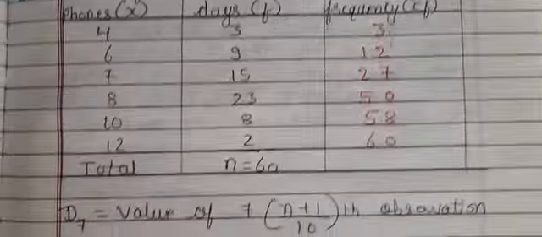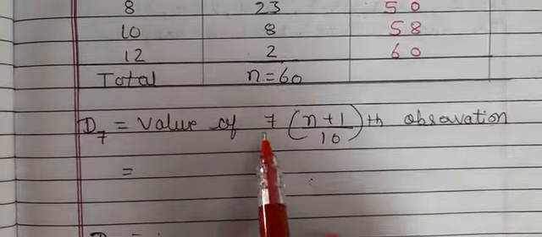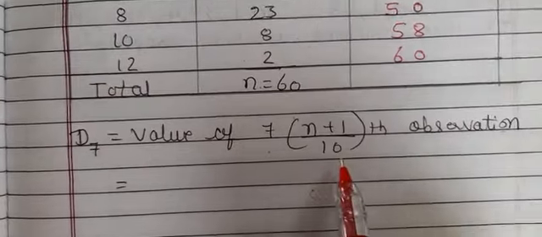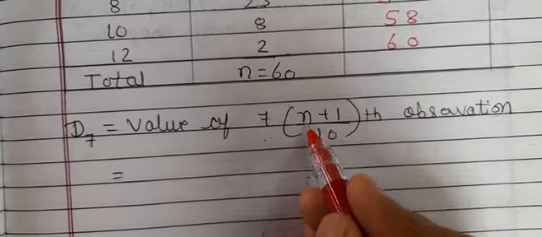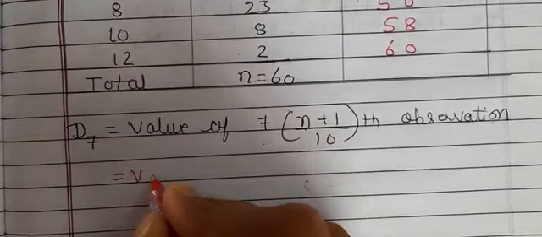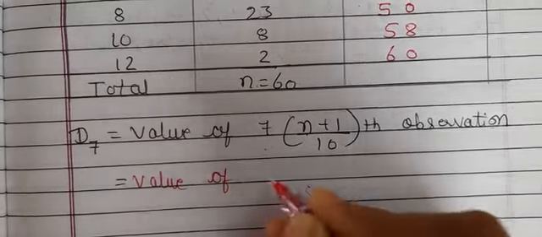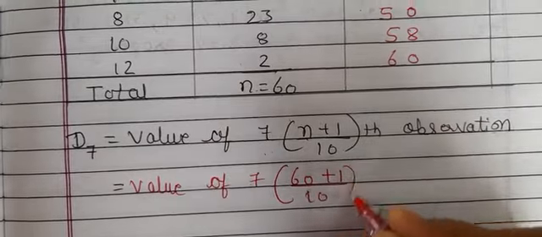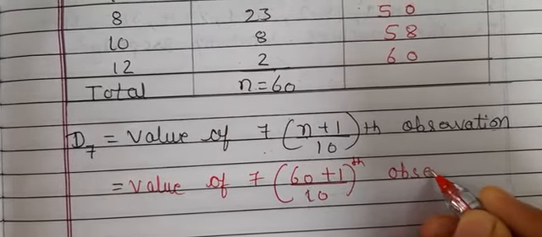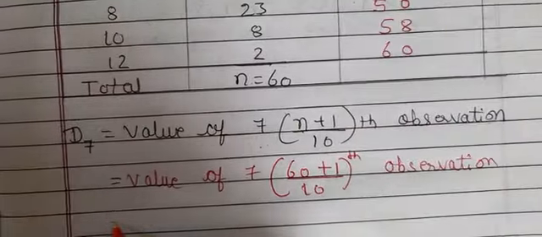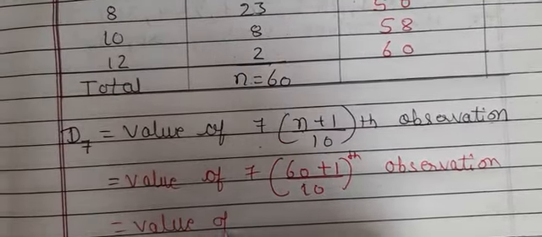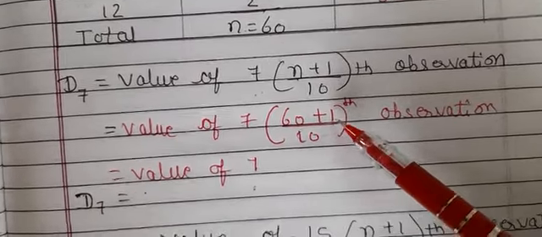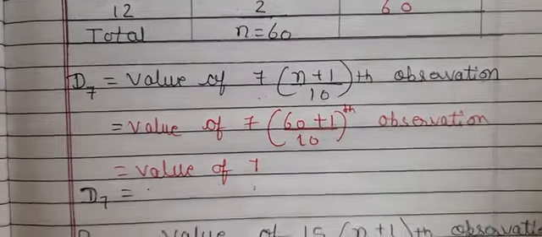Now I will put my formula: D7 is equal to the value of the 7(n plus 1)/10th observation. As it is a decile, 10 is in the denominator. Now I will replace n with 60. So that is equal to the value of 7 times (60 plus 1)/10th observation. Now see, 60 plus 1 is 61, and 61 divided by 10 gives 6.1.